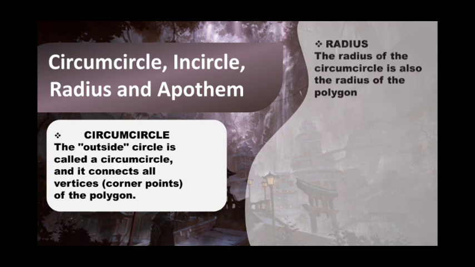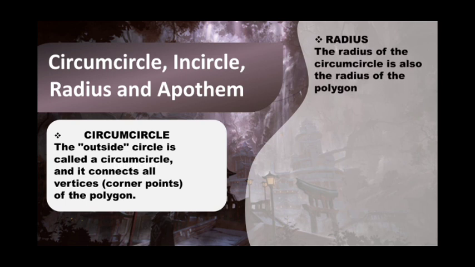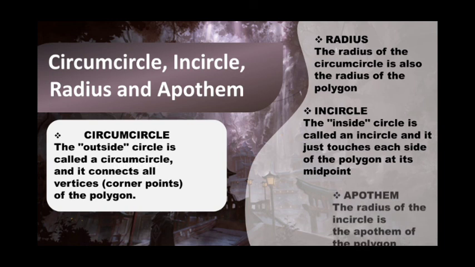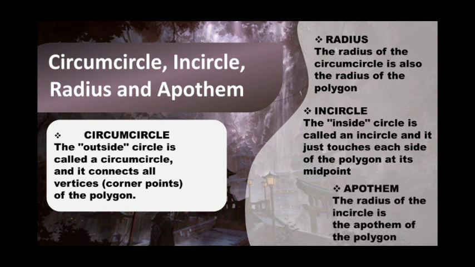So radius of the circumcircle is also the radius of the polygon. So ang incircle naman is the inside circle is called the incircle, and it just touches each side of the polygon at its midpoint.